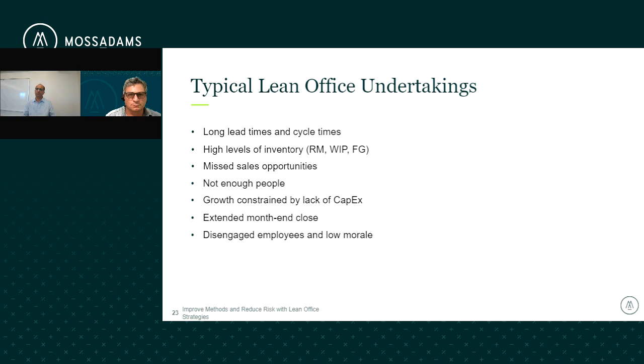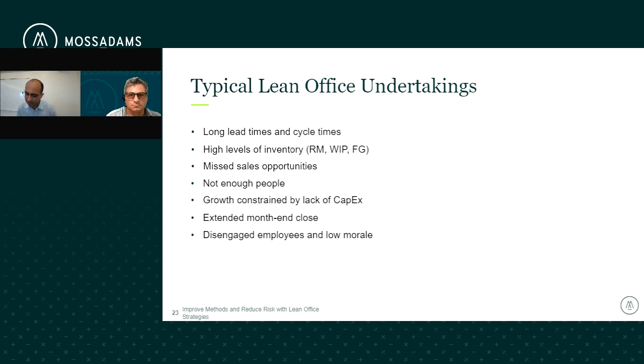So typically, what do we do? Long lead times are taken care of, long cycle times. How do you reduce them? If you have high inventory, you'd want to create a lean office to take care and maintain optimal levels, not high levels. Sales opportunities are missed.